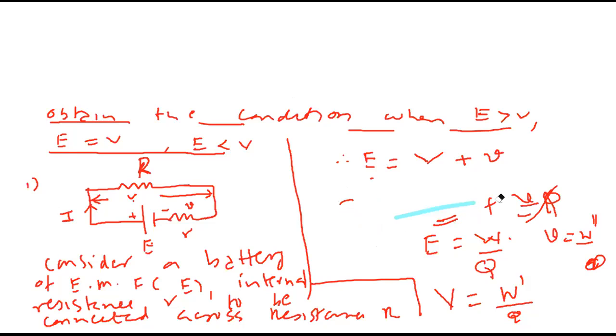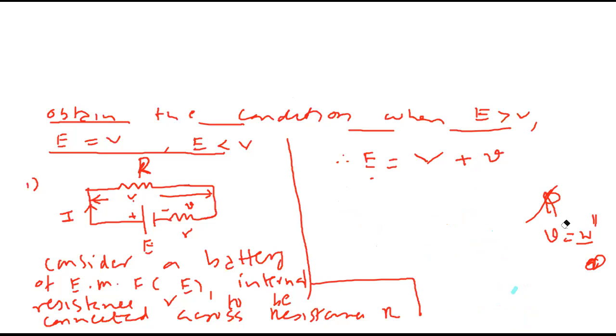So when battery is supplying voltage to the resistance, then resistance बाहर वाला plus अंदर वाला दोनों मिलके voltage खाएंगे. So you can say E equals to V plus I into small r.